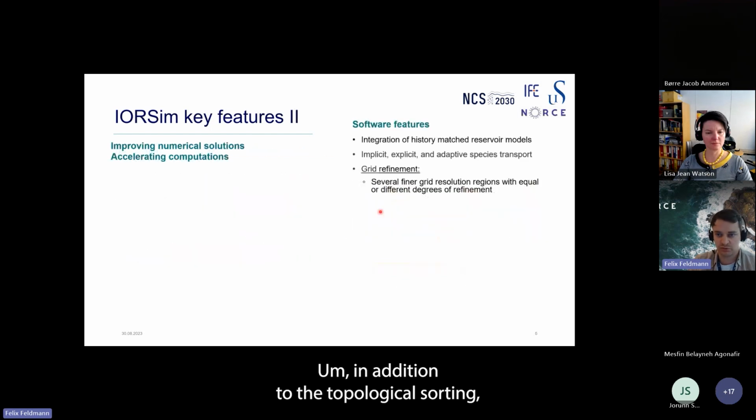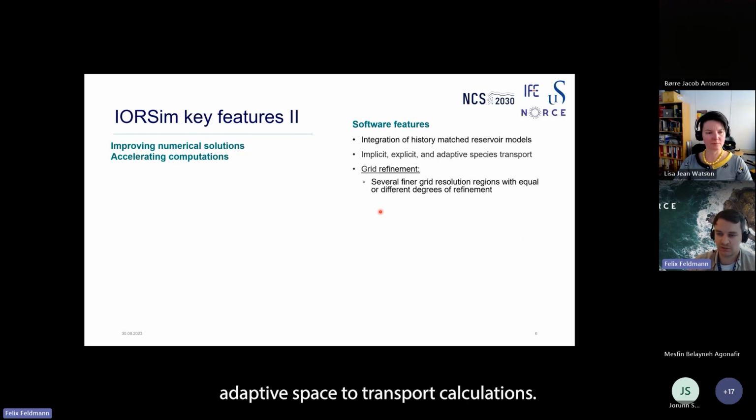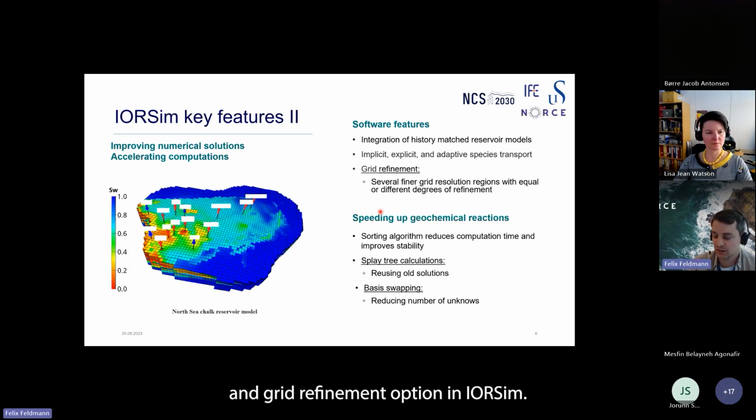In addition to the topological sorting, IORSim offers implicit, explicit, and adaptive species transport calculations. We have a grid refinement option in IORSim to reduce numerical dispersion.